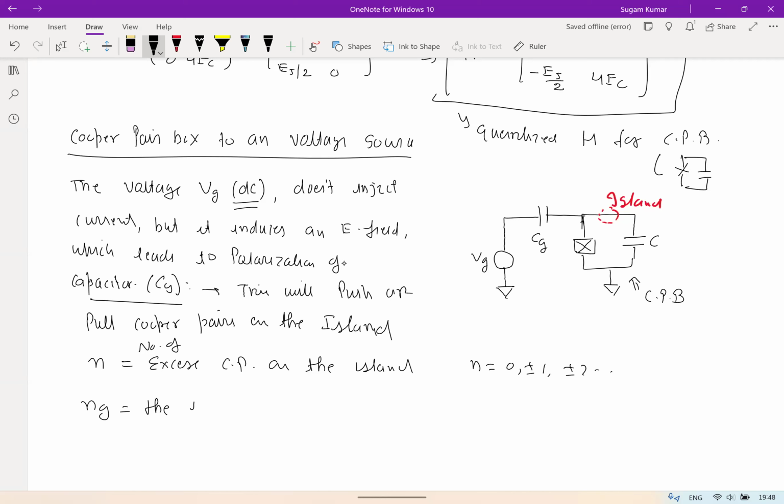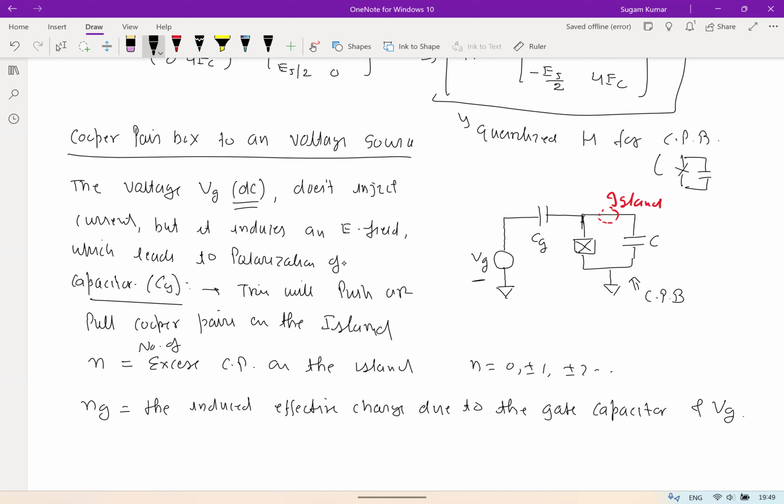This is the induced effective charge due to the gate capacitor and VG. So again, I'm repeating.